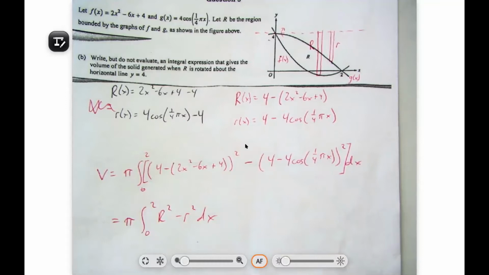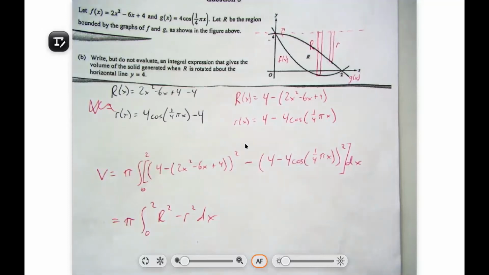Do I need one radius or two? Is my region flush the entire time with the axis of revolution, or is there space between the revolution line and my region? That's thought number two. Thought number three is, am I spinning around an axis, like the X or Y axis, or am I spinning around a number? Those are the three main things that go through my head.